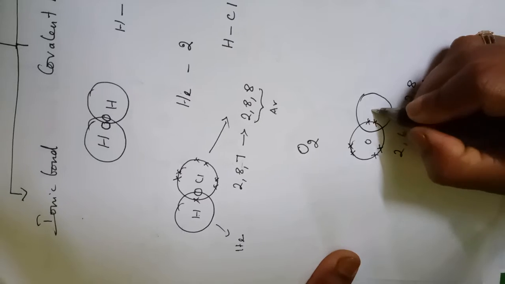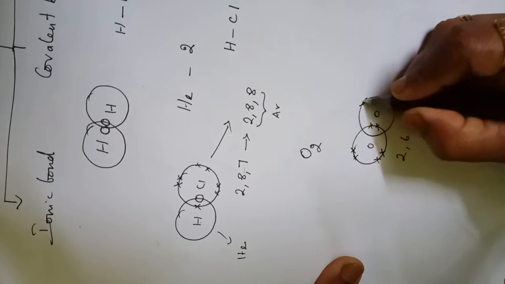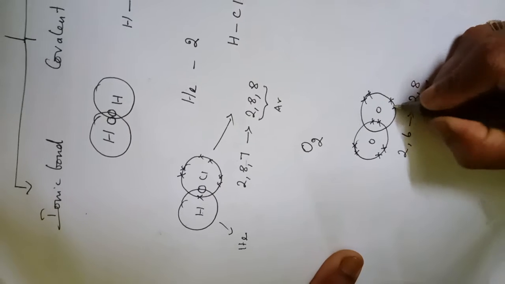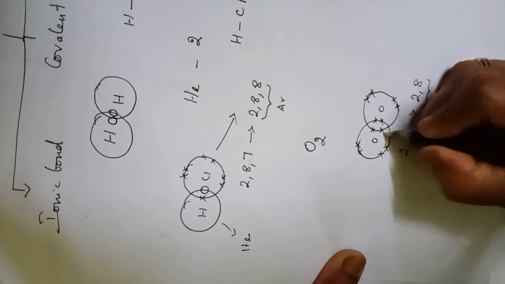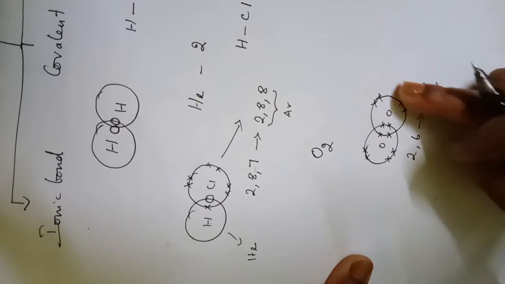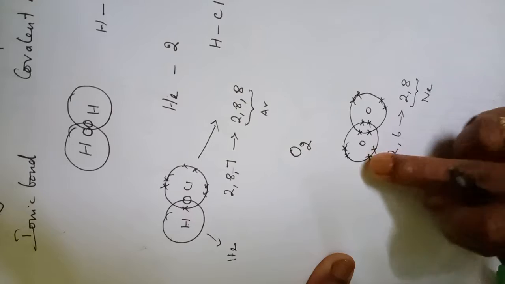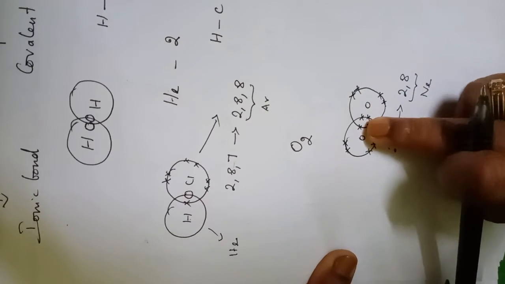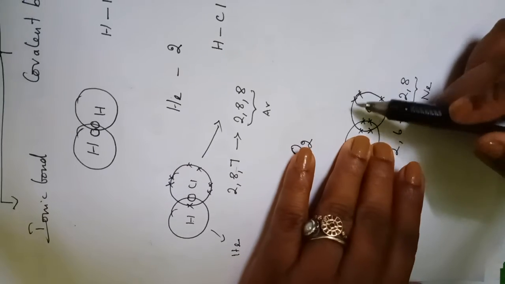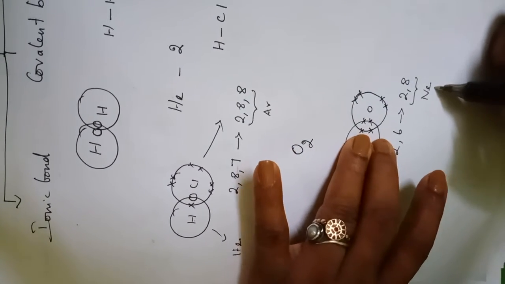If the bonding is between 2 oxygen atoms, then the other oxygen also has 6 electrons, right? So this also needs 2, so that also shares 2. Each oxygen atom shares 2 electrons, so that if you see, this attains the electronic configuration of neon.